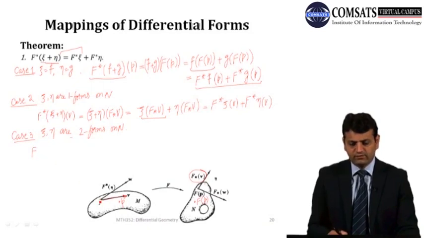So for that we take v and w, which are two tangent vectors to the surface M, and we see their image under this two form.